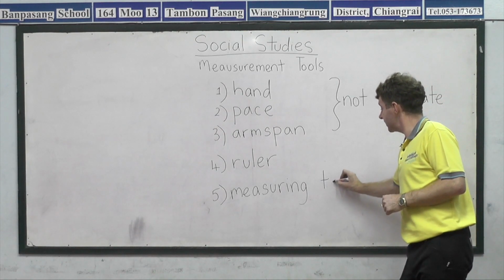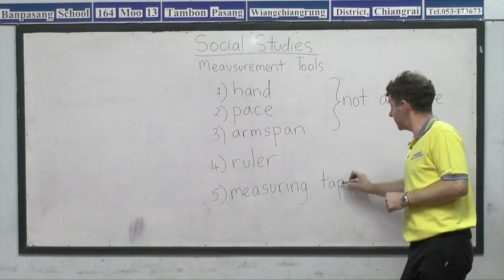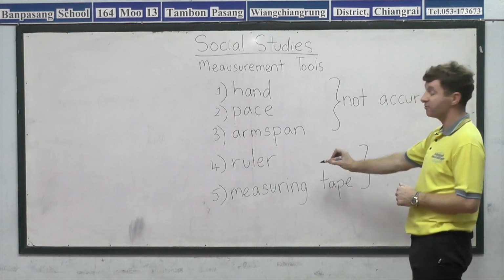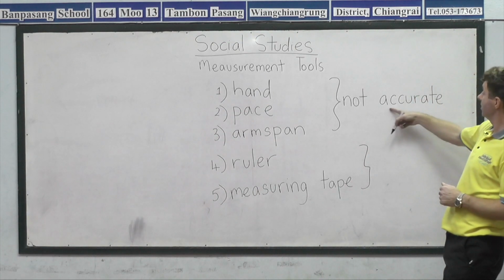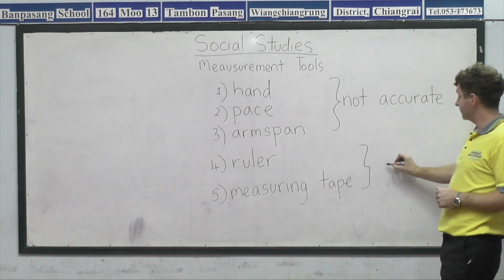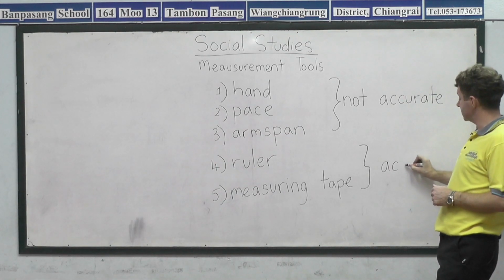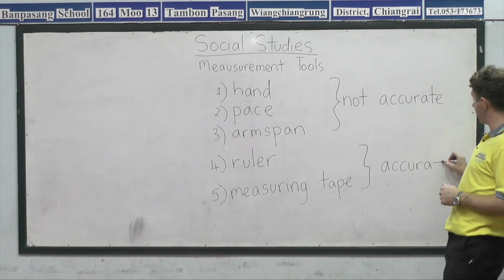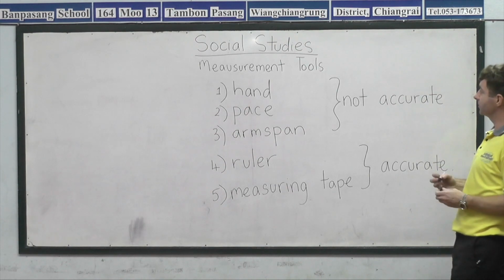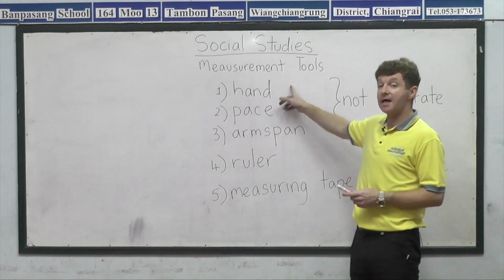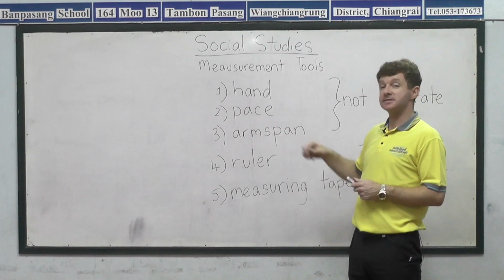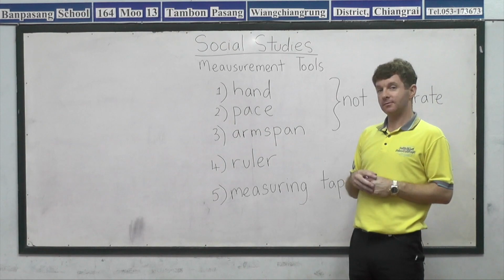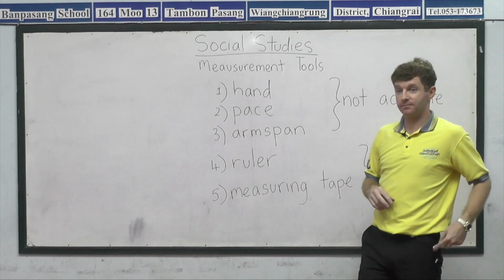Tape. T-A-P-E. And we know that these two types of measurement tools are accurate. A-C-C-U-R-A-T-E. Okay, so we have hand, pace, arm span, ruler, and measuring tape.